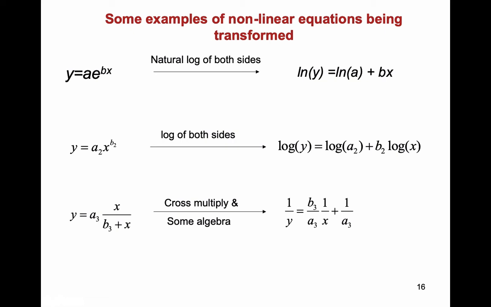If I define y tilde as log y, A2 uppercase as log of a2, b2 as b2, and x tilde as log of x, then I can rewrite that y tilde is A2 plus b2 times x tilde.